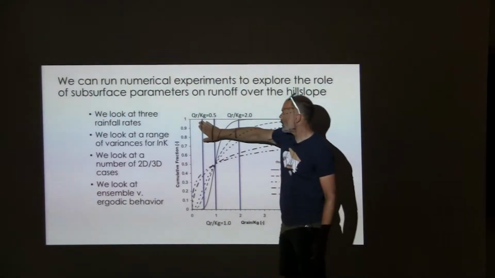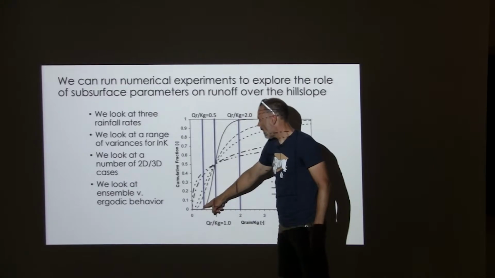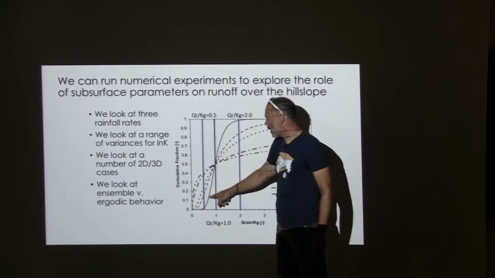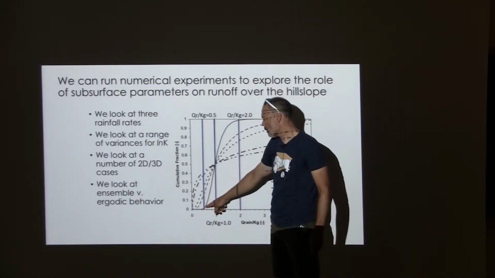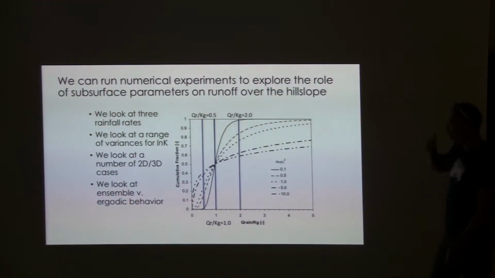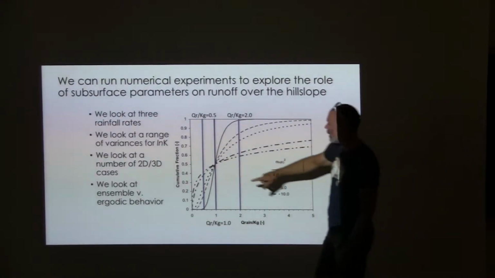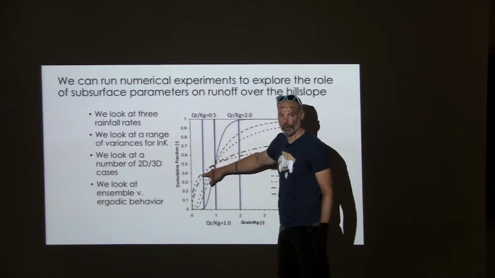If we take a QR over Kg of 1/2, depending on our distribution, if we have a really large variance, we should have very little runoff generation. If we have a very low variance, we should have very little runoff generation. If we have a very high variance, we're going to have more runoff generation.